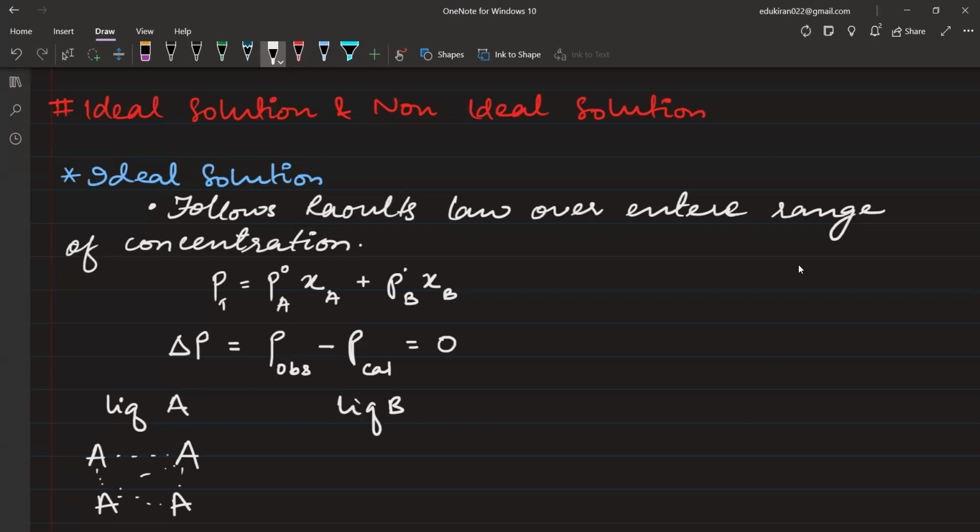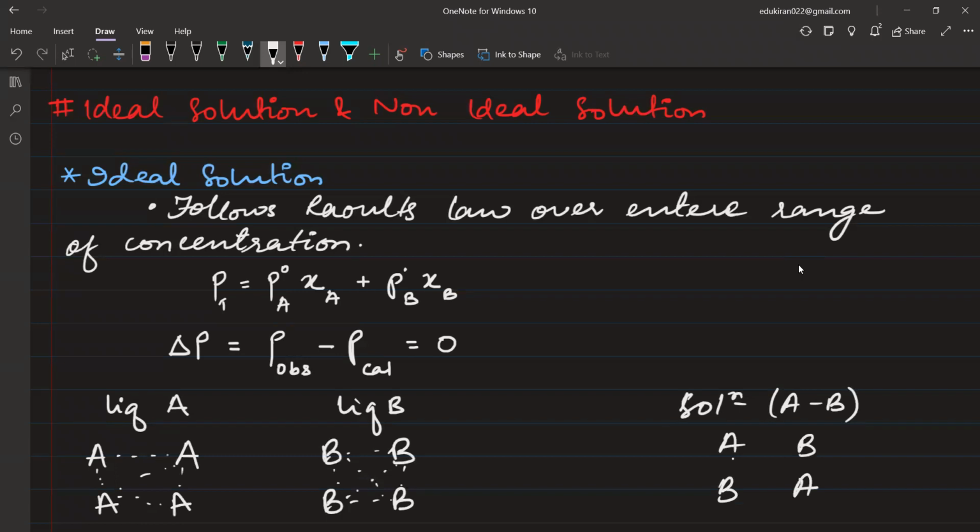Similarly, liquid B will also have molecules, and there will be some force of attraction between these B molecules. All of these B molecules are interacting with each other. Now, when I mix the solution of A and B, we will have A, B, B, A, and these molecules will have some intermolecular forces of attraction.